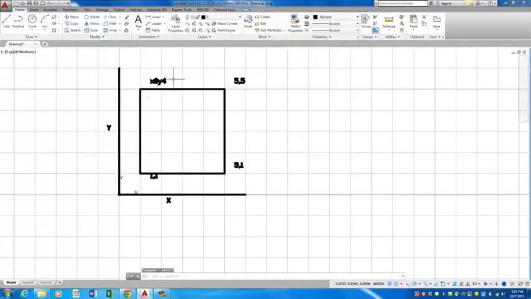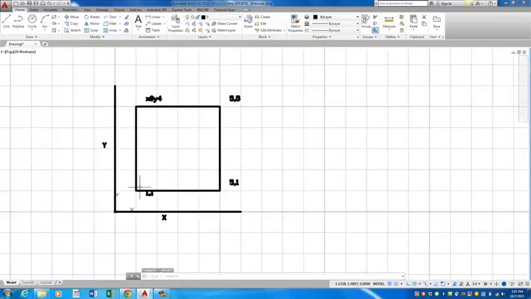So what that means is that from this point I moved vertically up in the y direction. I didn't move anywhere in the x direction. Okay, so it went straight up to here. If I were to pick this point here, right here where my cursor is, it would be x1, y4.